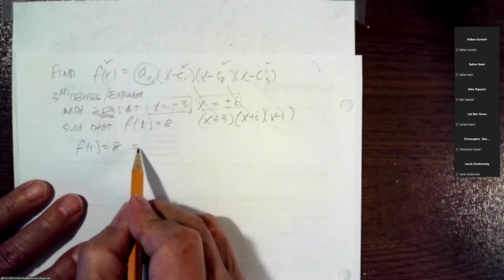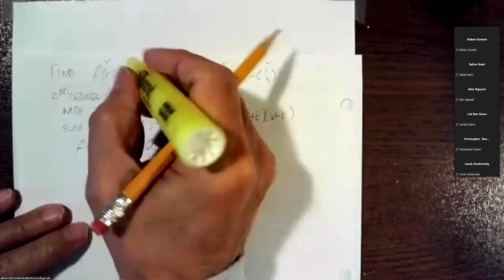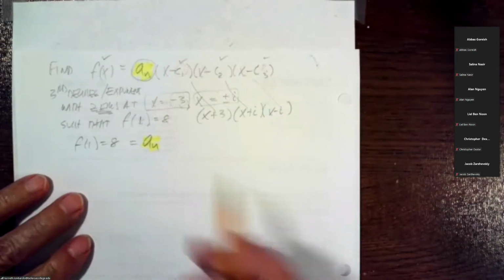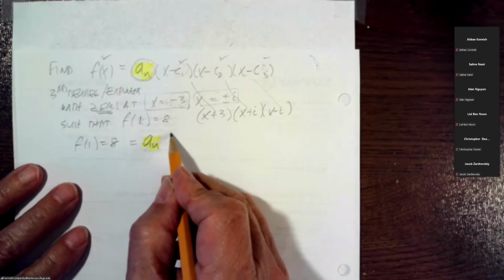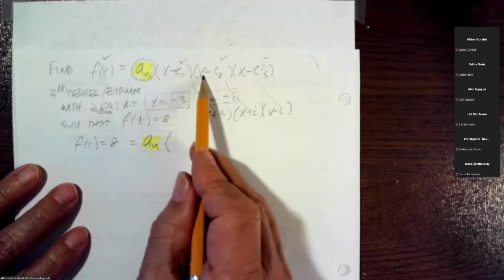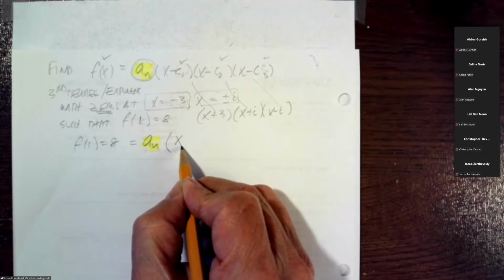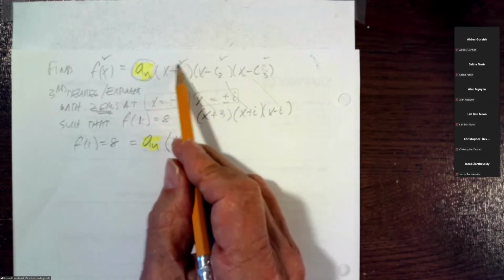And that equals a sub n. I'm just going to highlight that to make sure we know what we're looking for here. This is what we're trying to find, this a sub n value, this coefficient. And we're going to multiply that times the original x minus the c value.